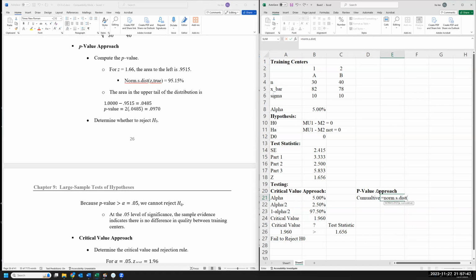This is the left tail when the cutoff is the test statistic, and then comma true for the cumulative. But the right tail is equal to 1 minus this number.